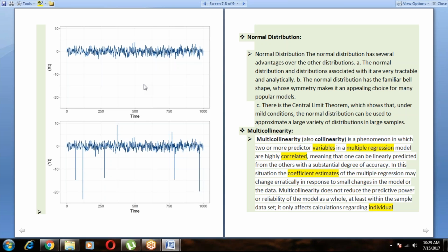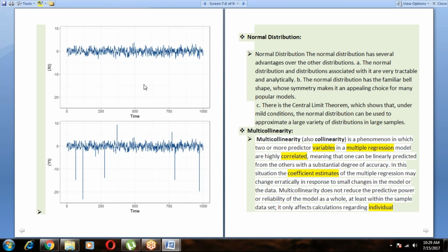Let's say my dependent variable is demand, and I have two independent variables: the price of the product and the income of the consumer. Now if price and income are related with each other and you want to know, if there is any change in the price, by how much your demand would change?